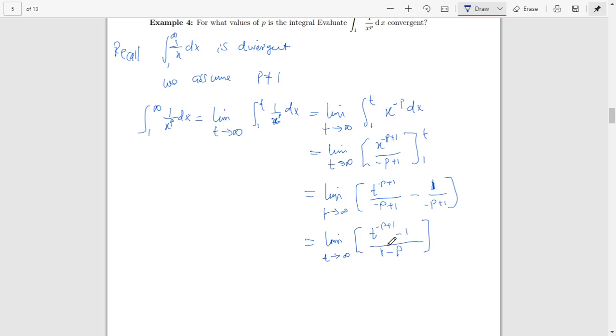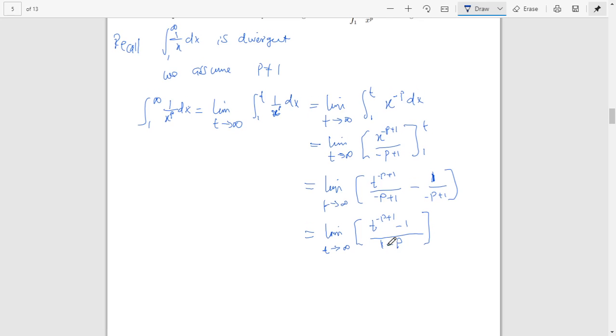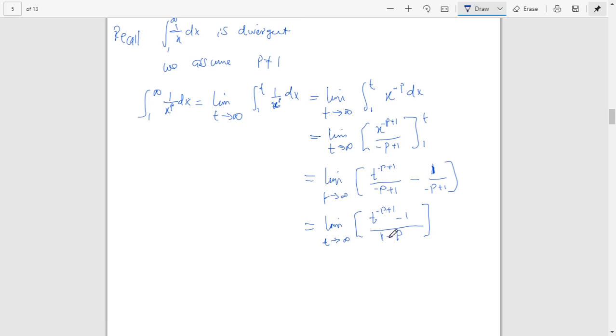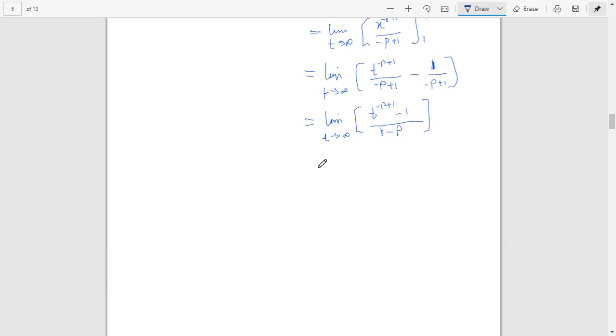Well, since 1 over 1 minus p is a constant, I can factor that outside to make this limit look a little bit easier. So I have 1 over 1 minus p outside, and then the limit as t goes towards infinity of, inside the bracket, t to the power of negative p plus 1, minus 1.